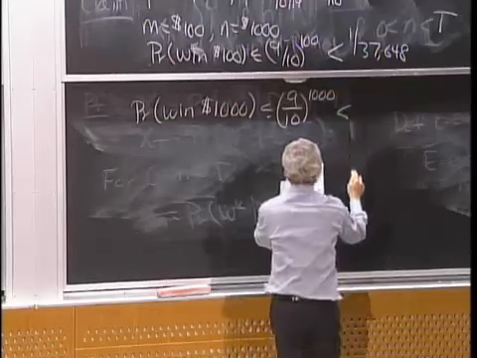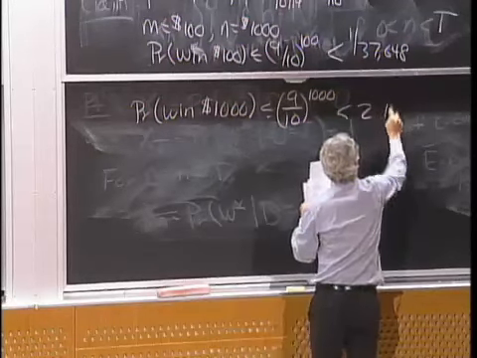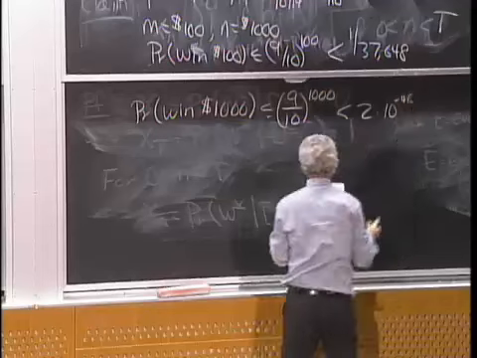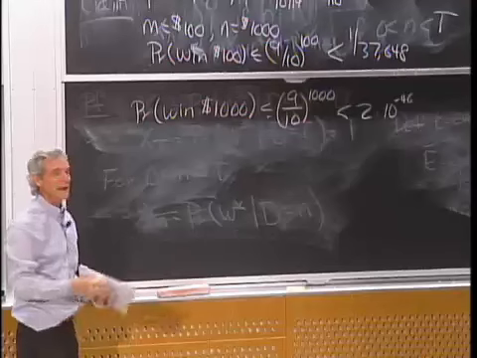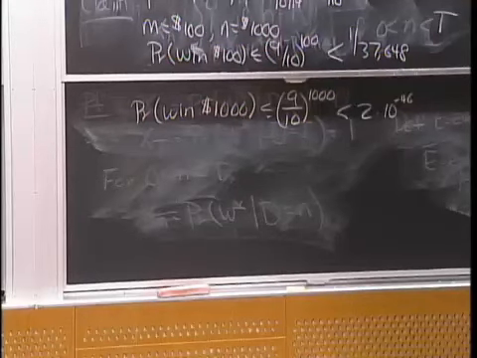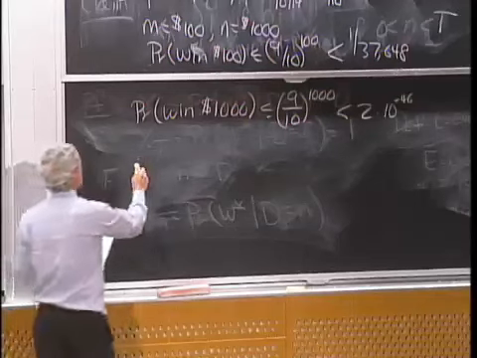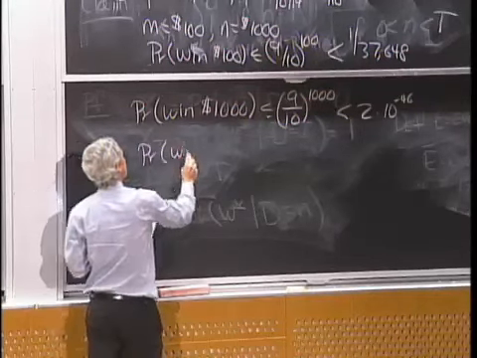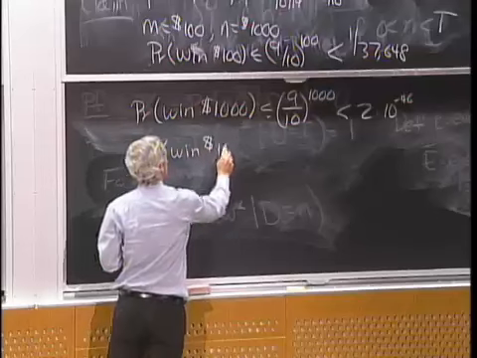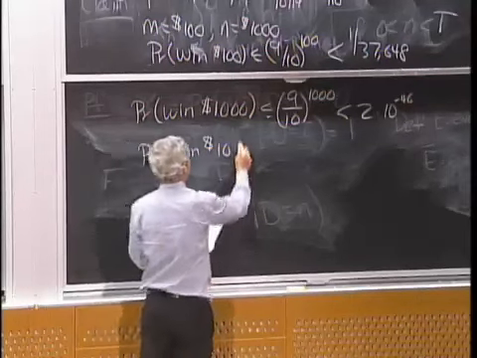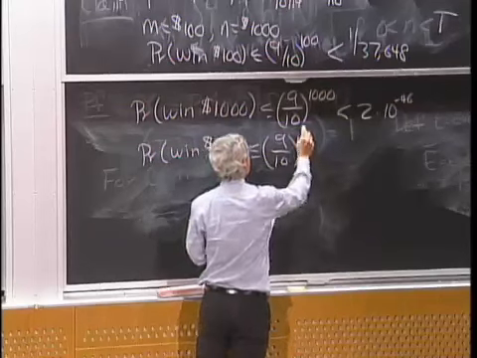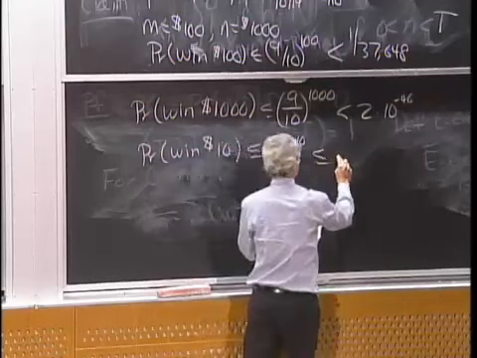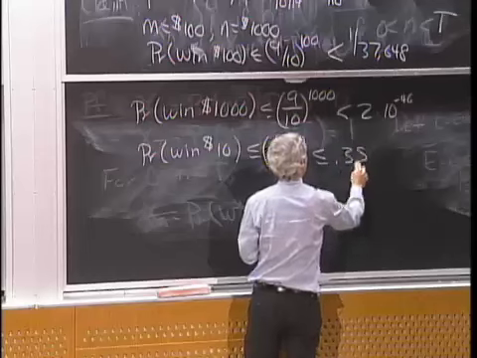That's less than 2 times 10 to the minus 46. Really, really, really unlikely. Even winning $10 is not likely. Just plug in the numbers: the probability you win $10, betting $1 at a time, is less than (9/10) to the 10th power. That's less than 0.35.